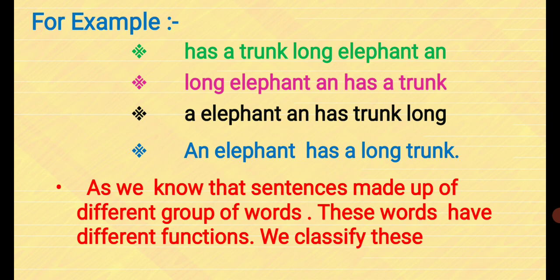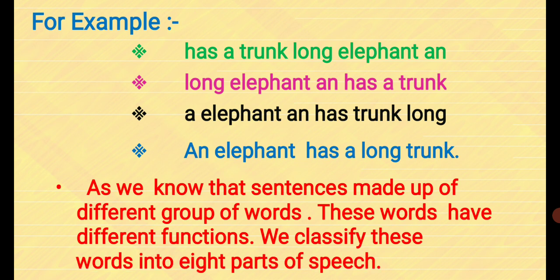As we know, a sentence is made up of different groups of words. These words have different functions and we classify them as parts of speech, right? And there are 8 parts of speech in the English language.